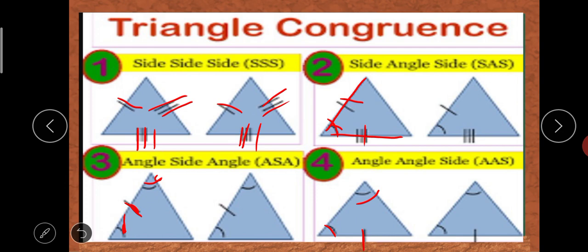One more criterion is there, for right angle, hypotenuse, side: the RHS criterion. We know the right angle triangle.